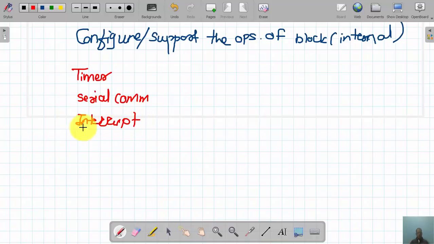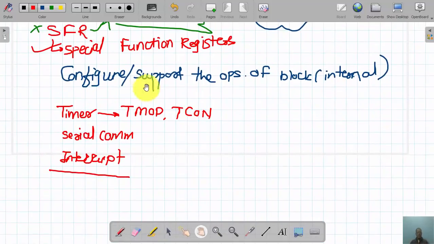When we discussed the internal architecture of the 8051 microcontroller, these are the different blocks. To support the timer operation, we have the TMOD register, the timer mode control register, and the TCON register, the timer control register. These are called SFRs, special function registers. These two registers are purely used to support the operation of the timer block.